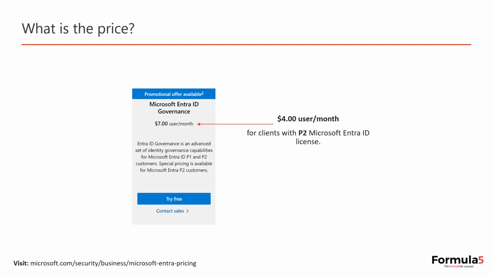There we can find all prices for all license types for Microsoft Entra ID and ID Governance. So I encourage you to visit this link to make sure that you see the current price for each license.